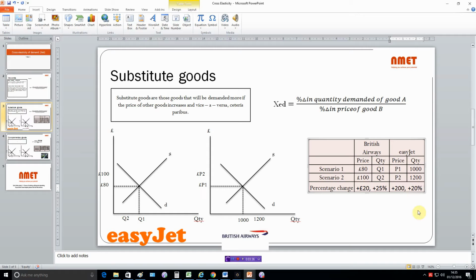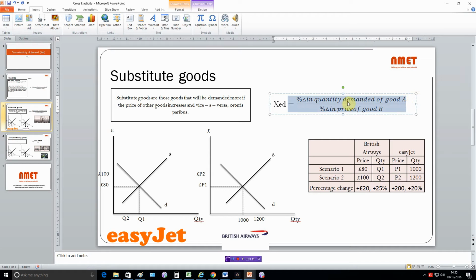If we put this in the formula, the percentage increase in quantity demanded of good A, which is EasyJet, has gone up by plus 20%. And the percentage change in the price was also plus 25%.